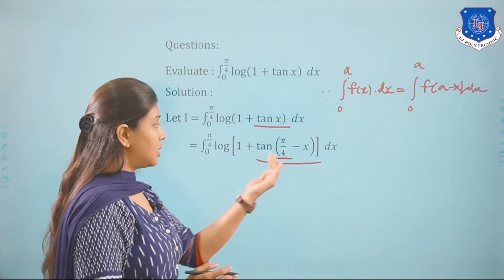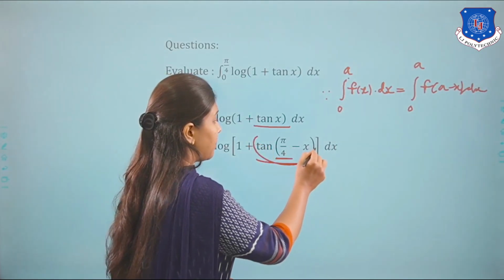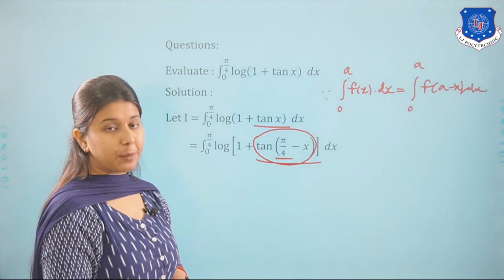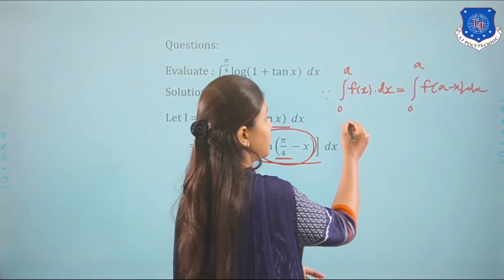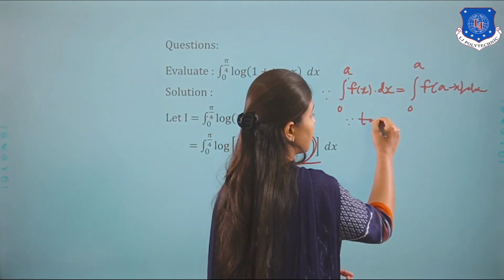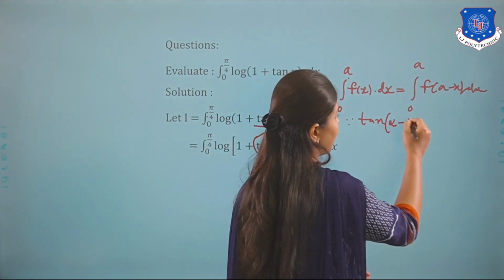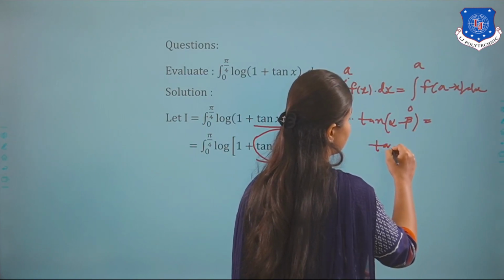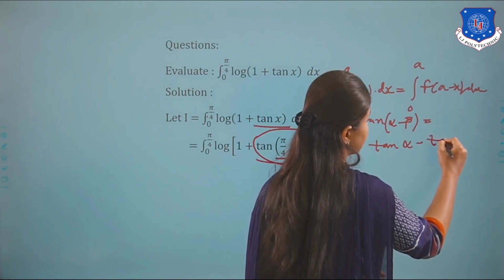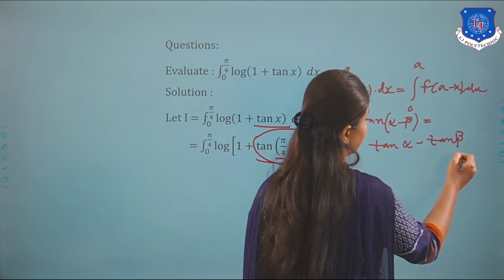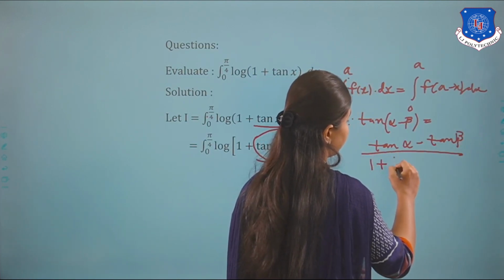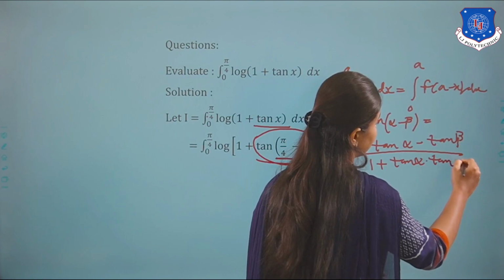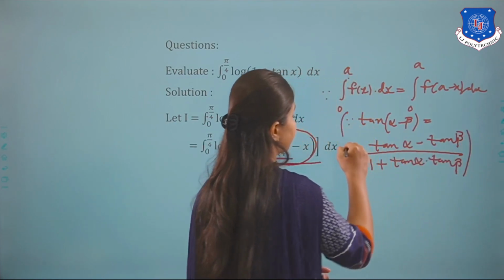See, in this whole term we have tan pi by 4 minus x, and we know the formula of tan pi by 4 minus x, that is nothing but tan alpha minus beta is equals to tan alpha minus tan beta divided by 1 plus tan alpha into tan beta.